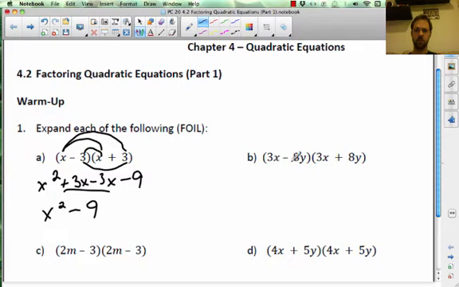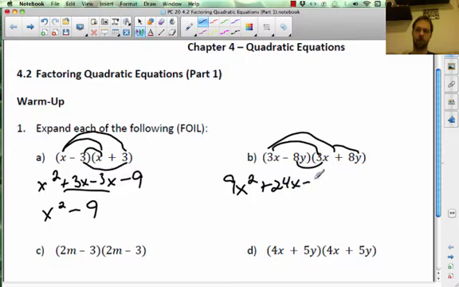Here again, two identical terms with opposite signs. So let's see if we continue the trend. First, 3x times 3x is 9x squared. Then we go plus 24xy, minus 24xy.